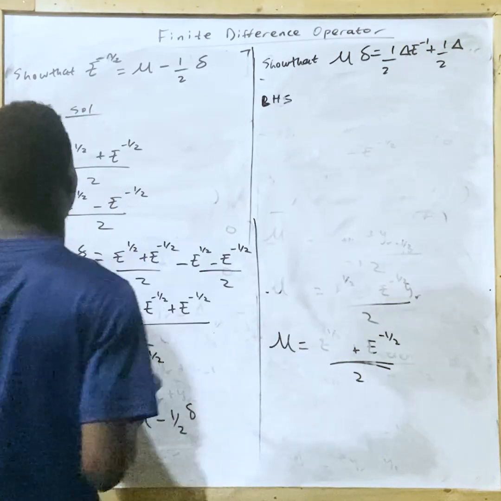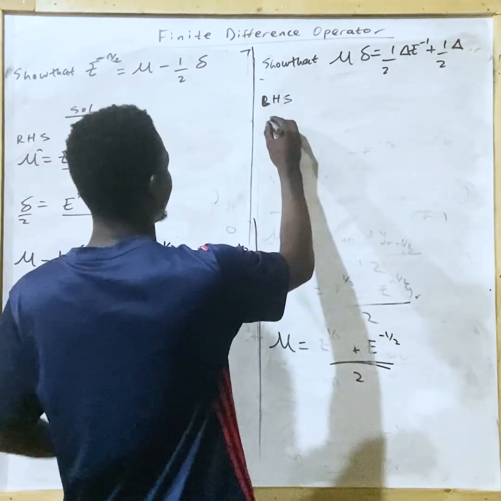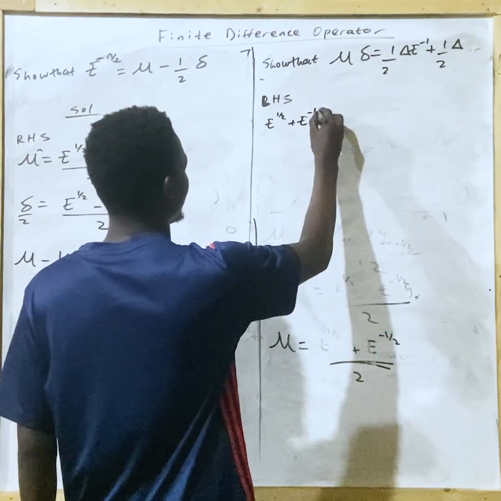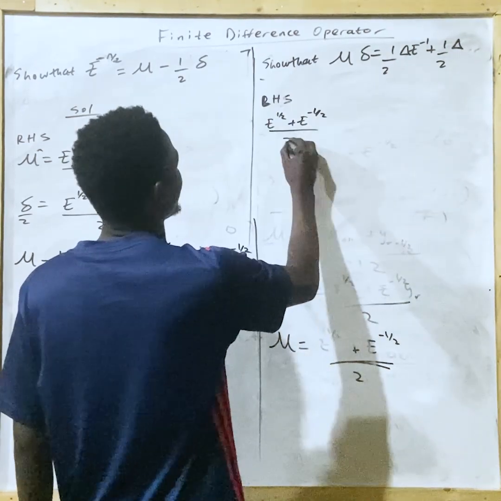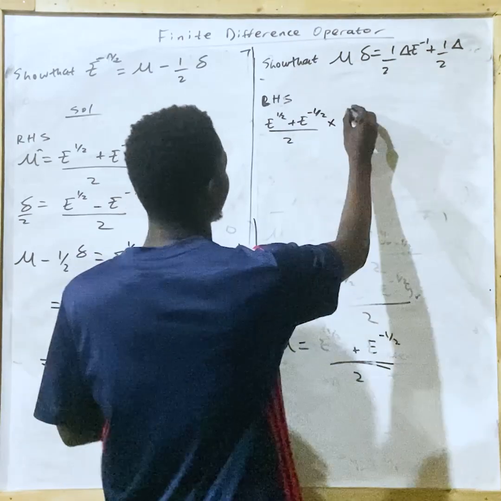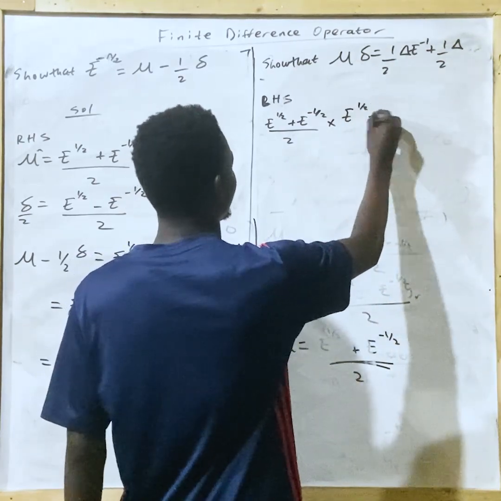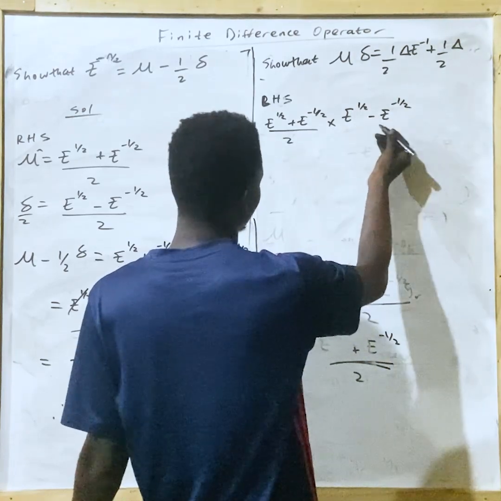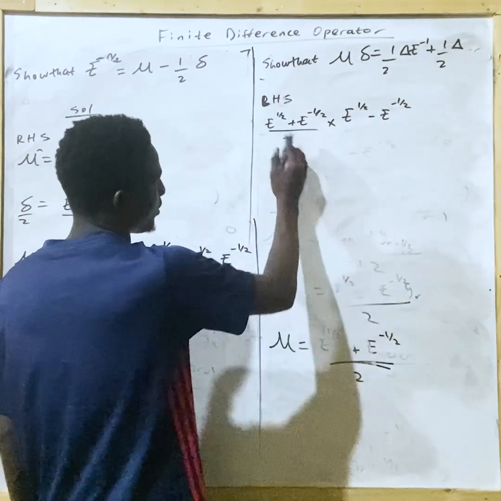My left hand side, from what I've proved here, I know that it is (E raised to power 1 over 2 plus E raised to power minus 1 over 2) over 2 multiplied by (E raised to power 1 over 2 minus E raised to power minus 1 over 2). Multiplying both of them, this is a difference of two squares.